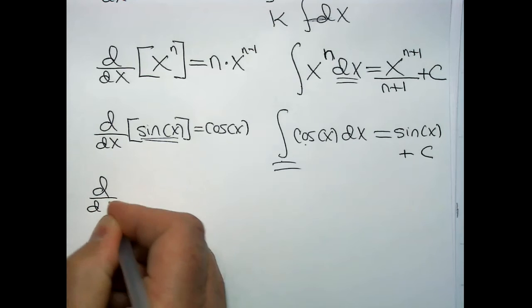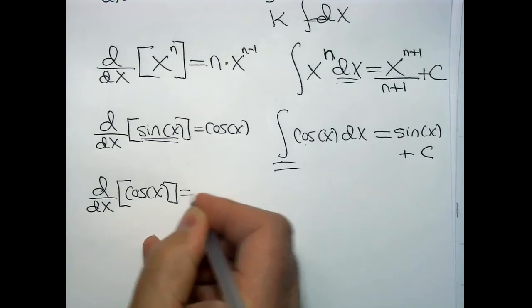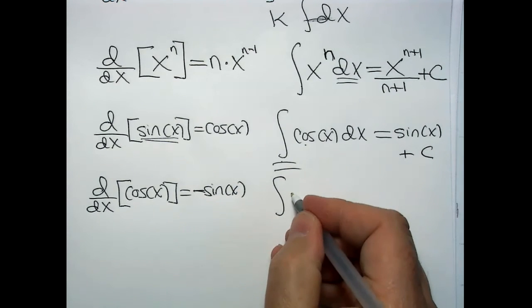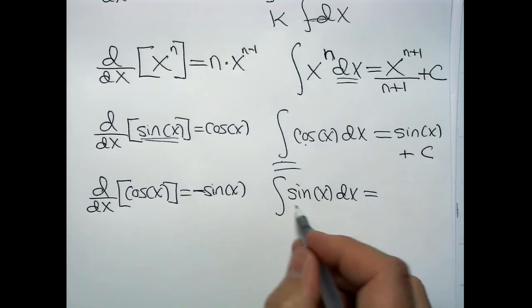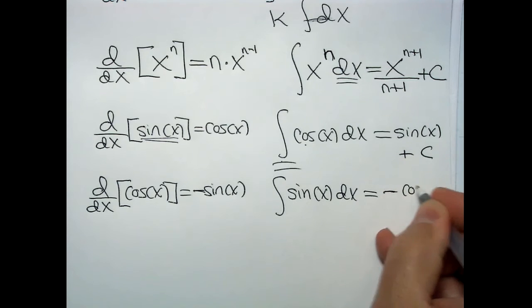Let's keep going. The derivative of cosine, as I just mentioned, we know to be minus the sine. So what's the antiderivative of just the sine function? Since everything is backwards, I would assume this to be minus the cosine.